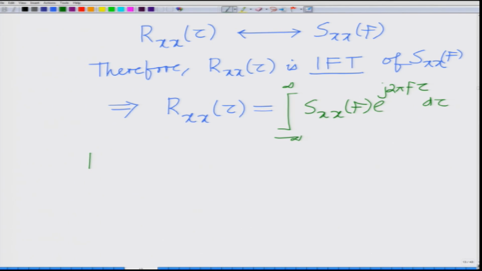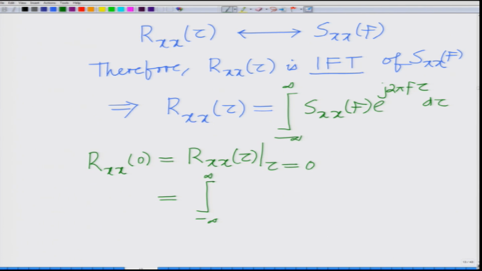Now, let us evaluate Rxx of tau at tau equal to 0.